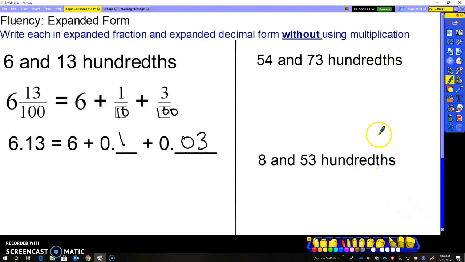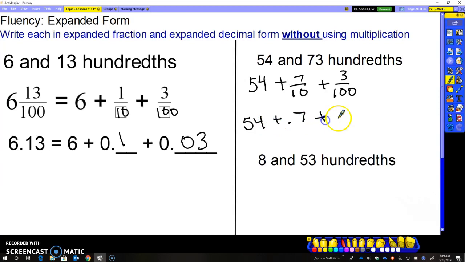Okay, go ahead and pause and do these two. Okay, and then play to check your work. All right, so we have 54 wholes plus 7/10 plus 3/100. Same idea in decimal form is 0.7 plus 0.03.